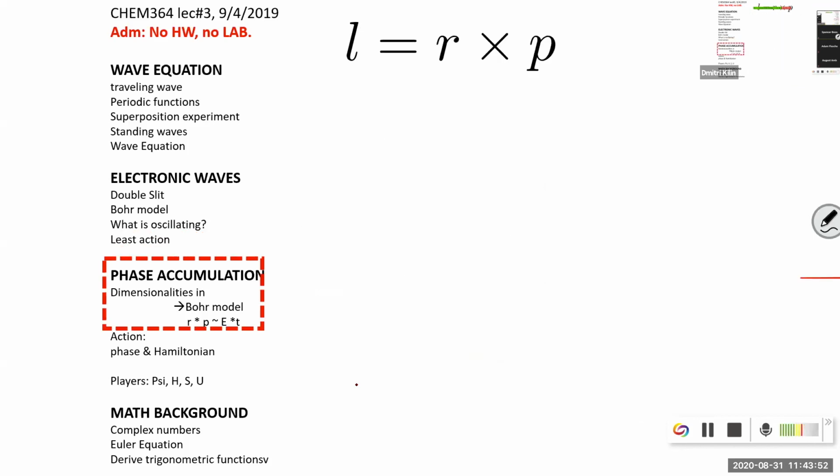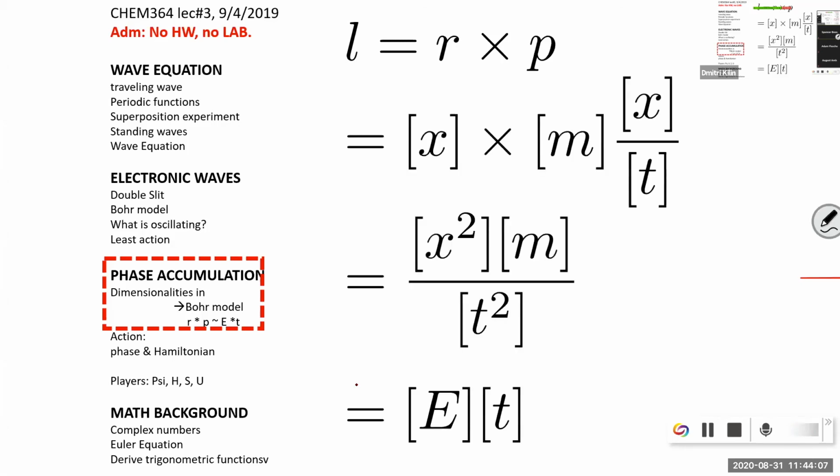And now we need to touch the dimensions in the Bohr model and try to bring these concepts together. So what are the dimensions of angular momentum? When we do dimensions, we can forget about the vector nature.